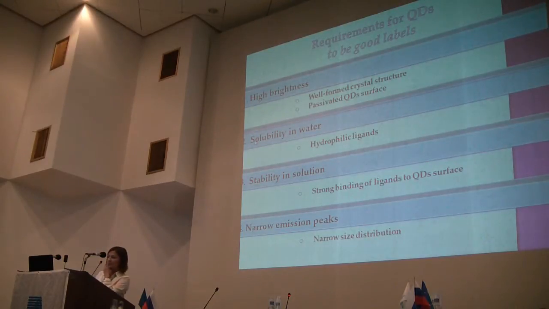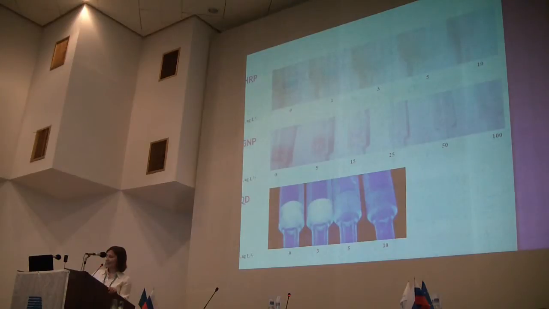Also, very important is solubility in water, because our quantum dots should be protein friendly, so it's necessary to use different hydrophilic ligands. The next is that they should be stable in solution. This can be reached by strong bonding of ligands to the quantum dot surface. Also narrow emission peaks are needed, so there should be a narrow size distribution of quantum dots.